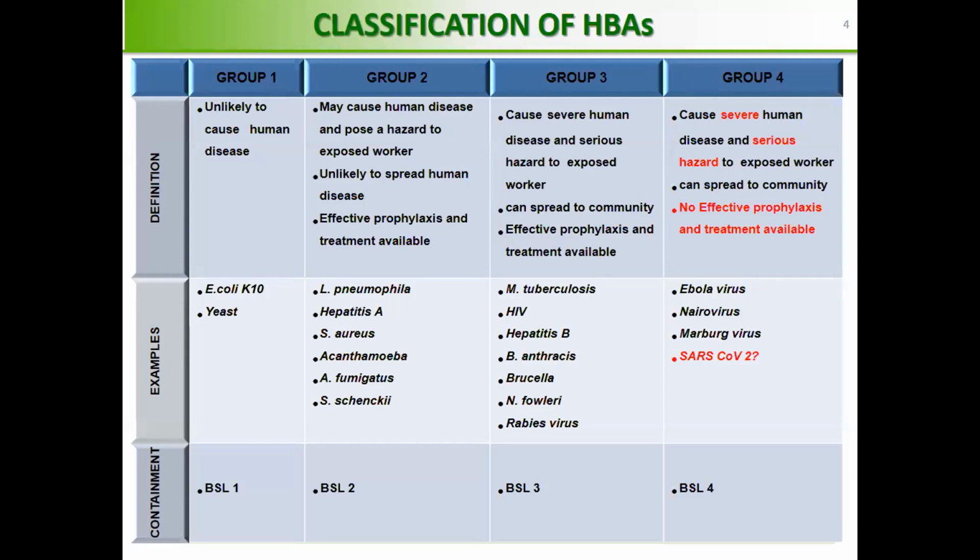So we will classify it as a group 4 until a treatment is found. Then it will probably be downgraded to group 3, which also can cause severe human disease. It's a serious hazard to the exposed worker, and can spread to the community. But for group 3, there is effective treatment available.